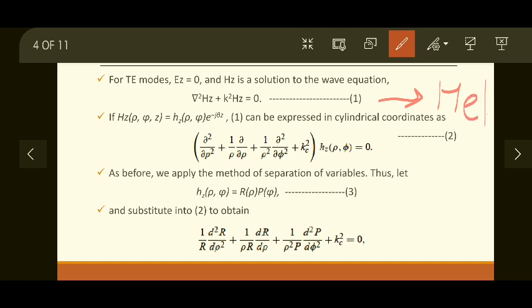If Hz of rho, phi and z is given as Hz of rho, phi into e raised to minus j beta z, where e raised to minus j beta z represents our z coordinate, it can be expressed in cylindrical coordinates as the second order derivative: dou 2 by dou rho squared plus 1 upon rho dou by dou rho plus 1 upon rho squared dou 2 by dou phi squared plus kc squared into Hz of rho, phi equal to 0.